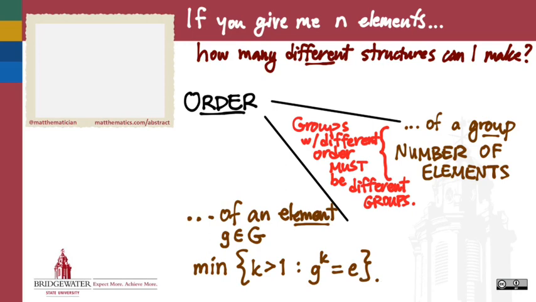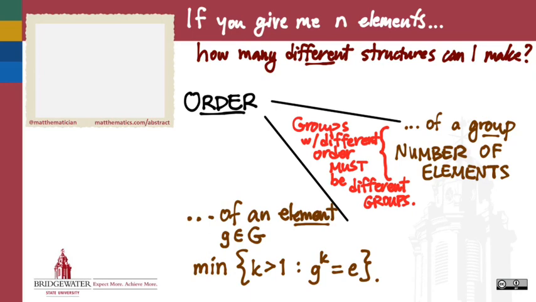Now that's a super valuable definition, because what that definition is going to let us do is try to get at a converse to this statement over here. Groups whose orders are different have to be different groups. But what about groups whose orders are the same? Do groups with the same order have to be the same group? What do we already know about that?